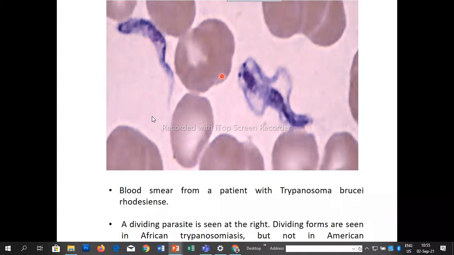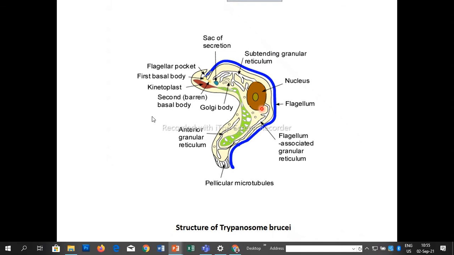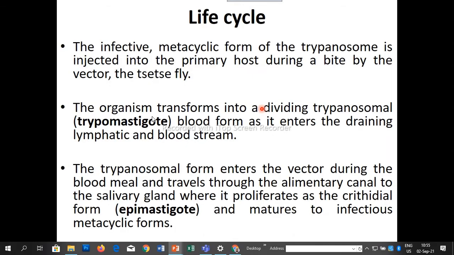This is the parasite, and both rhodesiense and gambiense, we can't differentiate them morphologically.